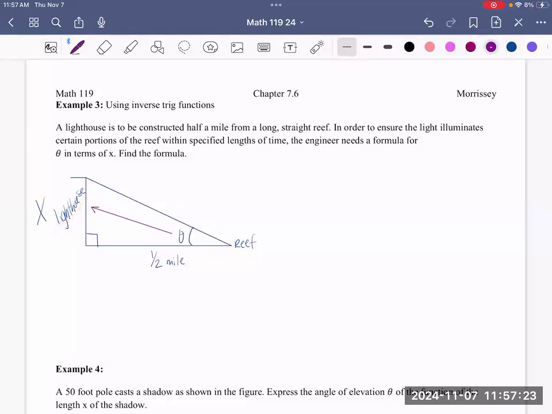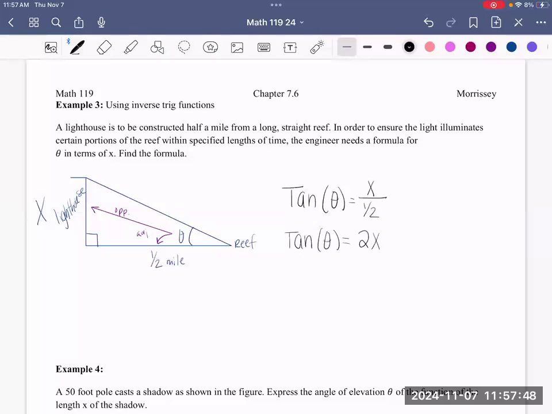We don't actually know what this value is, but we're just setting ourselves up for a formula. So we have an opposite and we have an adjacent, meaning that your tangent of theta would work really well. We have x over this 1/2 amount, which yes, we will be simplifying to make 2x.